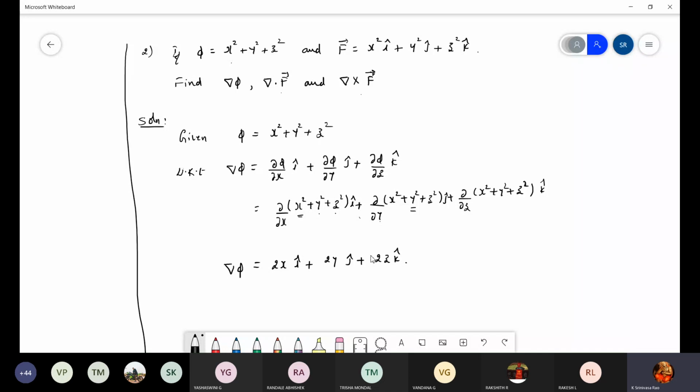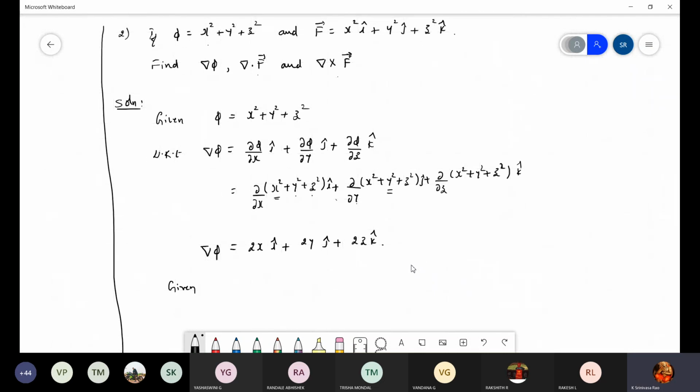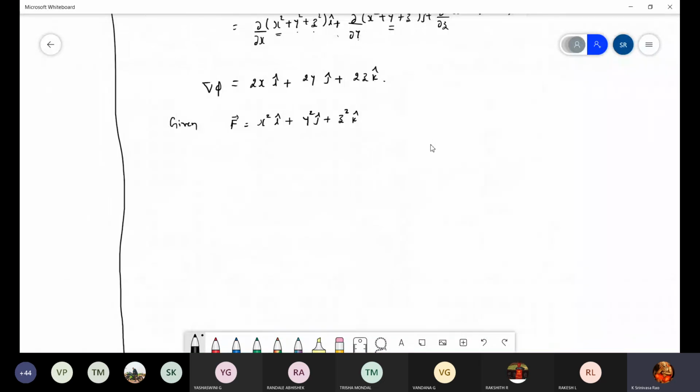Okay, next, given the vector f equals x square i cap plus y square j cap plus z square k cap. See, if you want, you can denote this as f1, f2, f3 components, and you can substitute, you can differentiate.